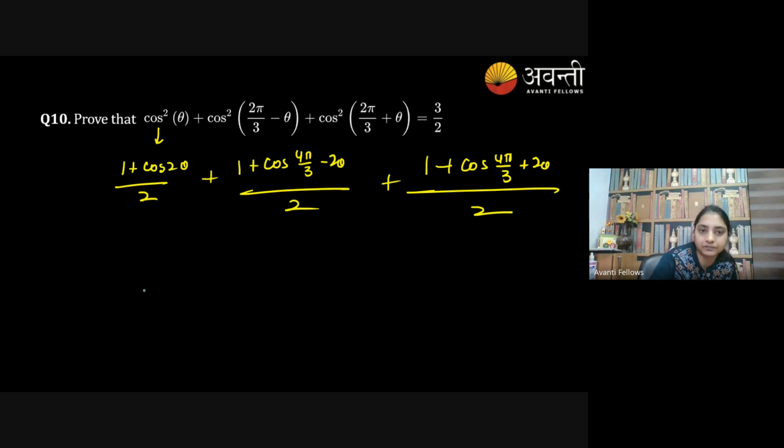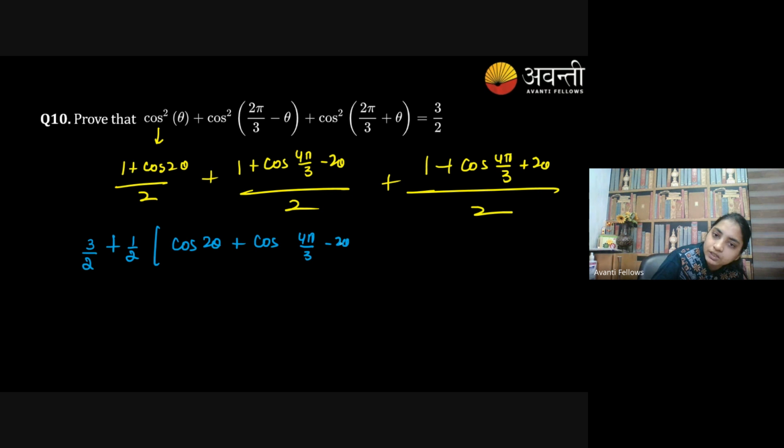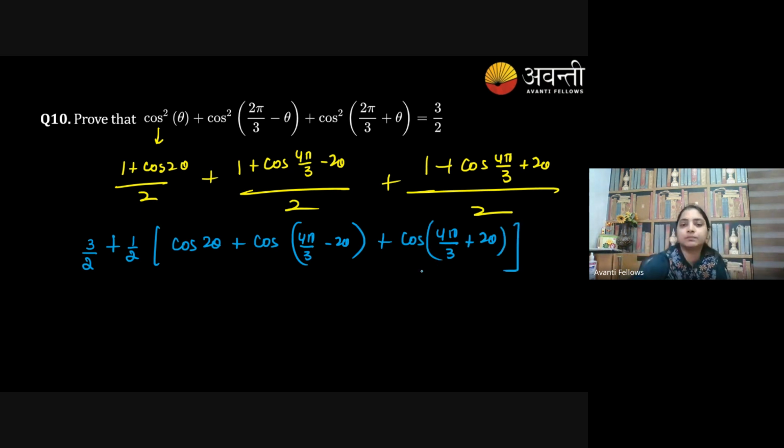Agree? 1 by 2, 1 by 2, 1 by 2. It's going to be 3 by 2 plus 1 by 2 common. Now I have cos 2 theta plus cos of 4 pi by 3 minus 2 theta, then plus cos of 4 pi by 3 plus 2 theta. Yes or no? With big thumbs up.